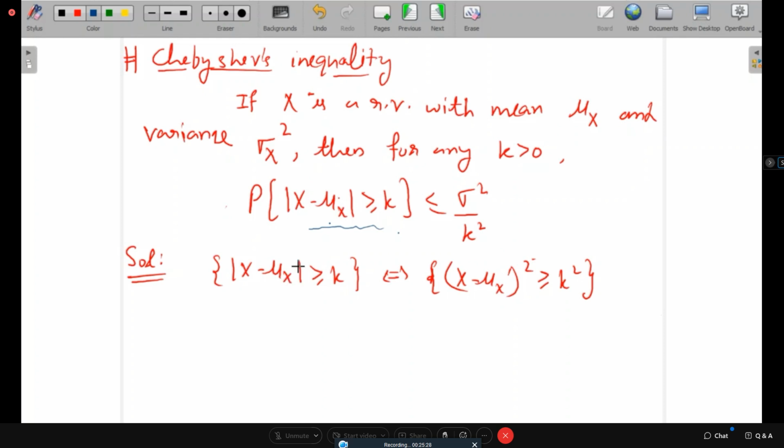Now, these two events are equivalent. Because it is very difficult to work with the magnitude, that's why we are working with the square here. Whether you work with this set of events or this set of events, both will give you the same result.